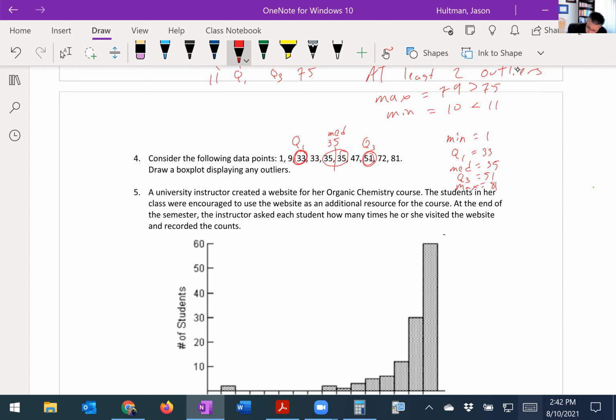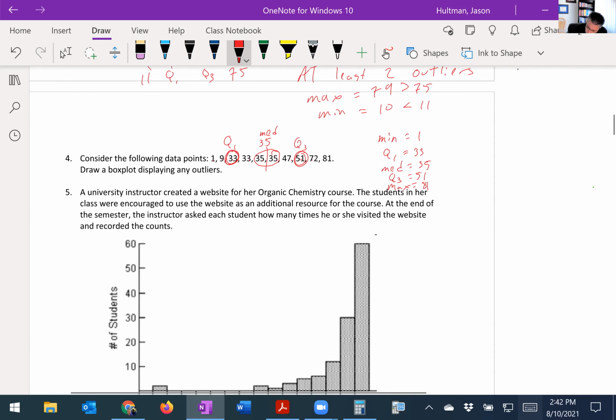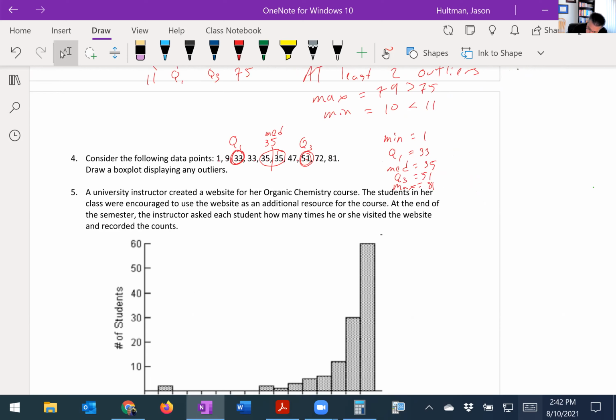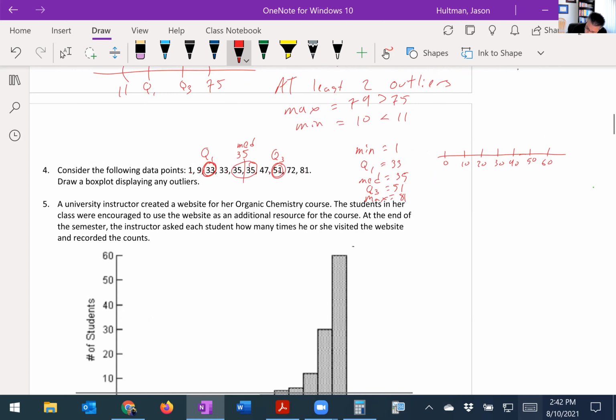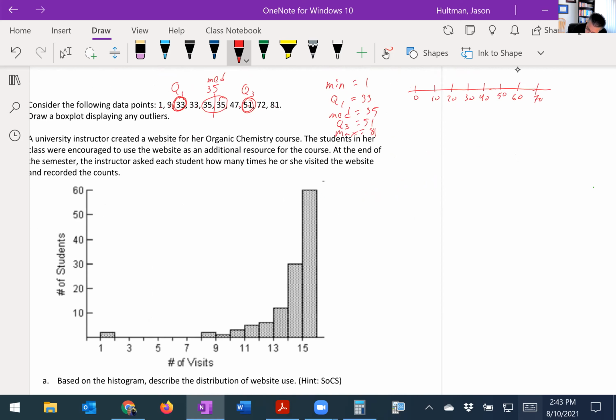Okay, so let's start constructing a box plot. We know that we go from 1 to 80, so maybe go up by tens here. Start at 0, 10, 20, 30, 40, 50, 60, 70, 80.